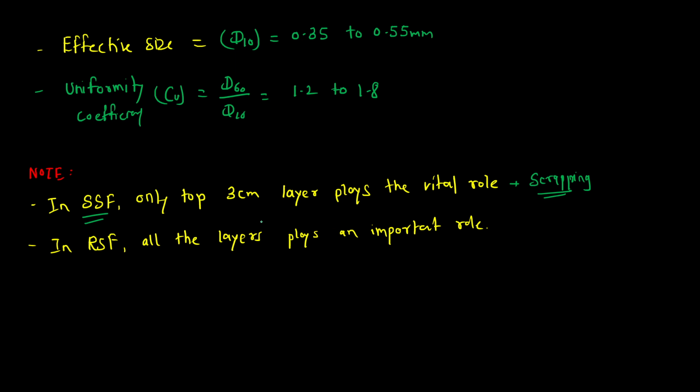We were using that because only the top 3 centimeter plays the vital role in filtration in slow sand filter. But in rapid sand filter, all the layers play an important role, so we cannot use scraping in this case. In this case, we use a different method of cleaning that is called backwashing. We'll see it in the last topic, that is cleaning of rapid sand filter.